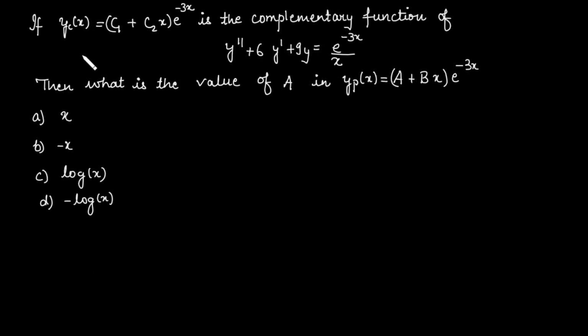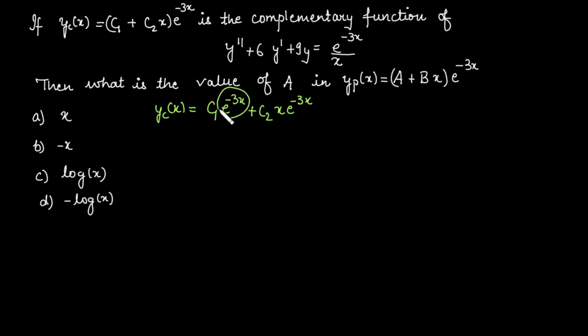The last example we have, if this is the complementary function of this differential equation, then what is the value of A in this case? Check it. We are getting two linear independent functions here. Now what are they? If you expand this yc(x), that is a complementary function, c1 e raised to power minus 3x plus c2 x into e raised to power minus 3x.